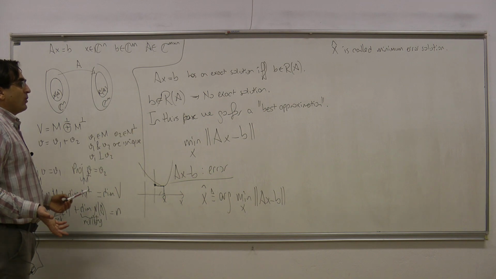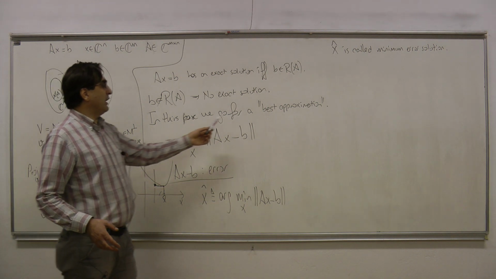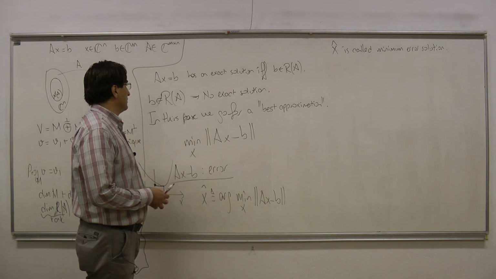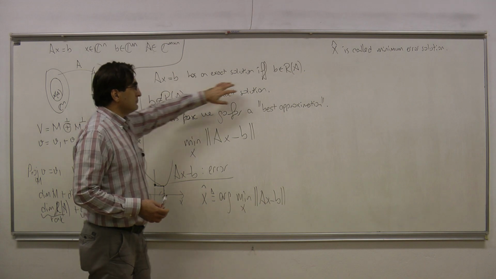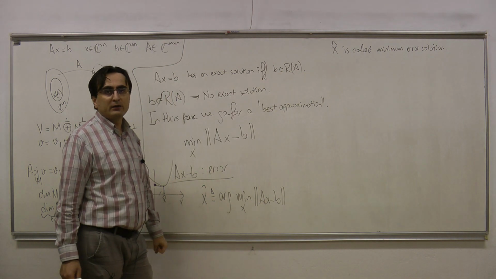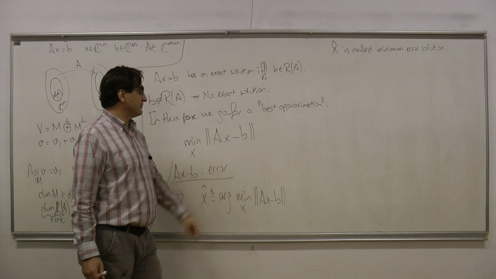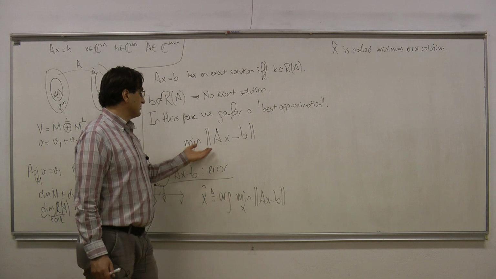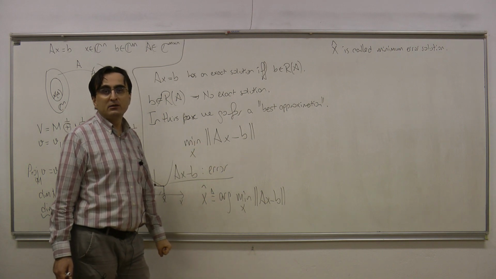Before that, suppose that I have this minimization problem, and suppose that B is in the range space of A. In that case, what would you expect this minimum to be?